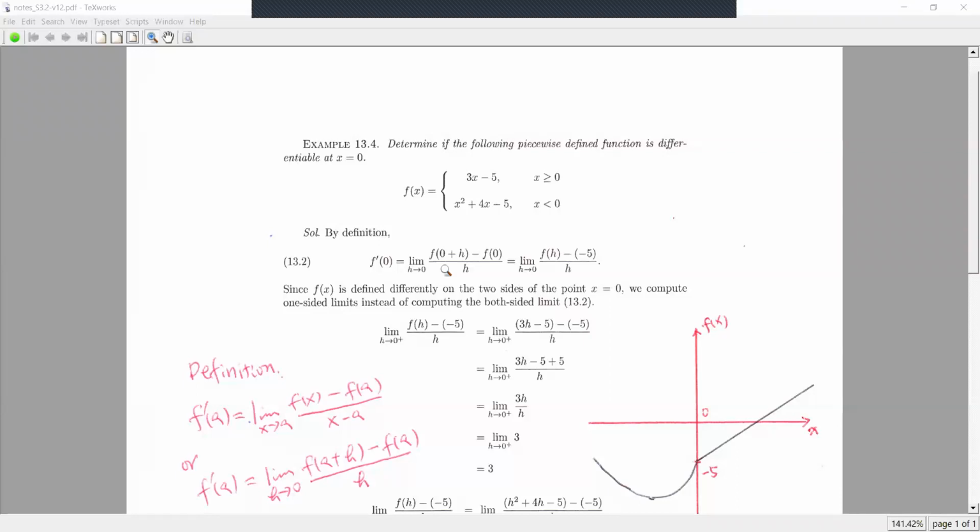If this limit doesn't exist, then function f is not differentiable at point 0. The function value at 0 can be obtained by plugging 0 in for x here. Function value at 0 is negative 5.